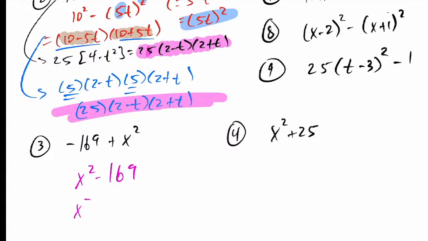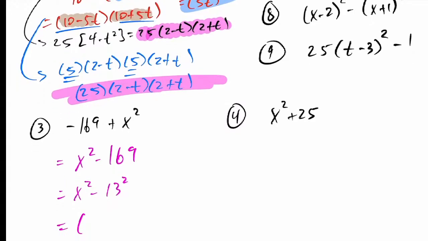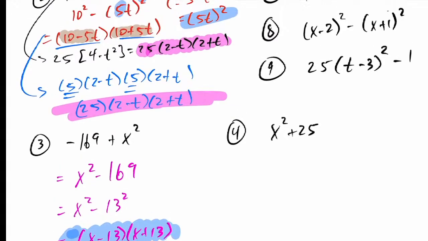So then this will be x squared minus 13 squared, and that'll factor into x minus 13 times x plus 13. And that's number 3.